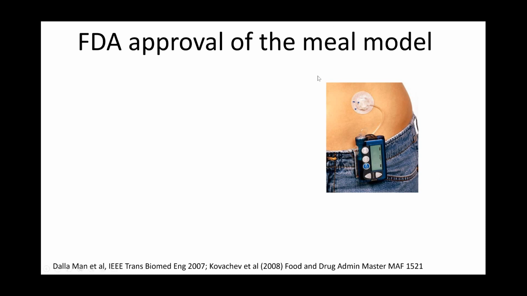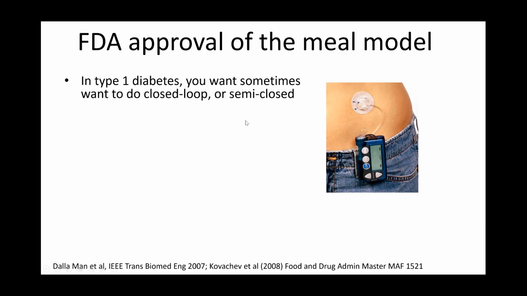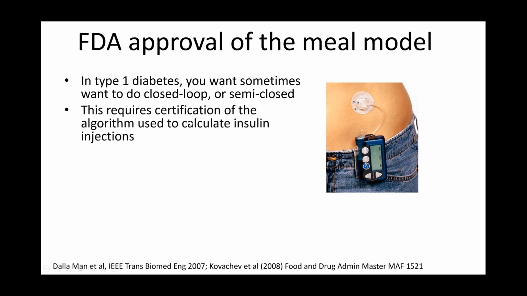So the meal model is already approved by the FDA, and it's approved for a specific purpose, for type 1 diabetes, where you typically want to do closed loop or semi-closed loop solutions, meaning that you want an algorithm that calculates how much insulin you should pump into a diabetic given glucose measurements.